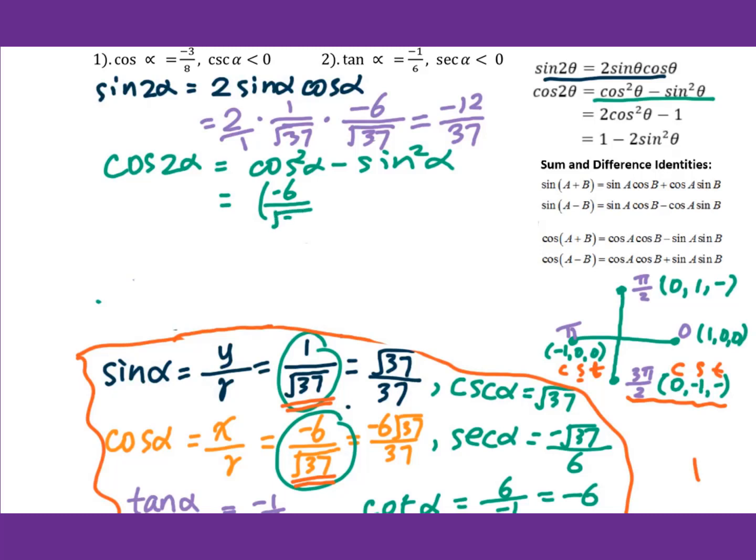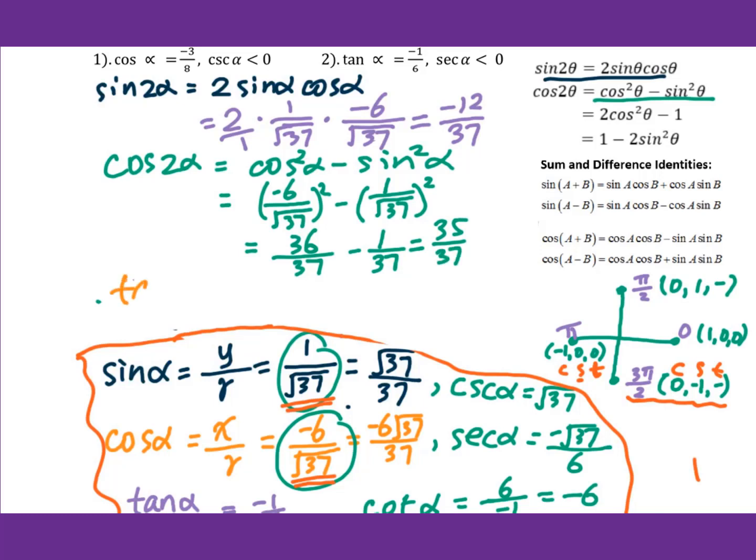For cosine 2 alpha, we use cosine squared alpha minus sine squared alpha, using this formula. So we got negative 6 over square root of 37 squared minus 1 over square root of 37 squared. So we got 36 over 37 minus 1 over 37. So we got 35 over 37.